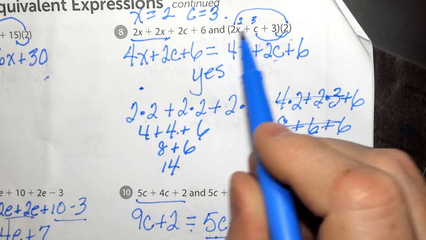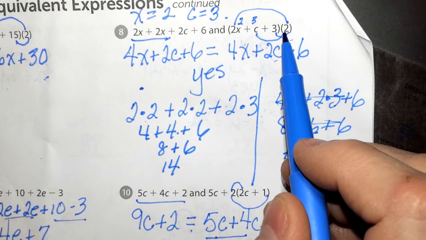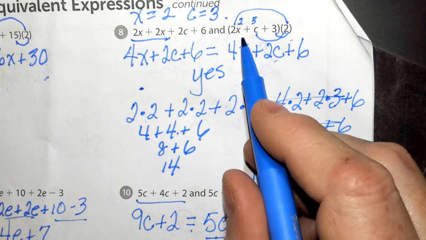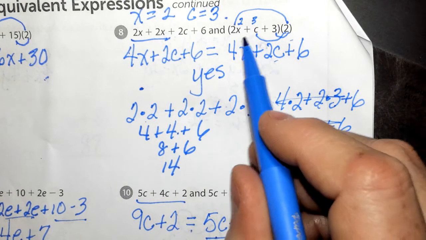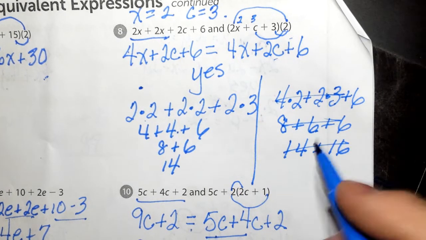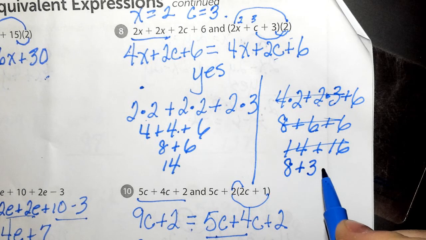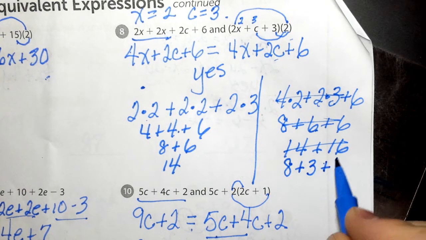So if we do that, then we have 2 times 4 would be 8 plus 3 plus 3. So we have 8 plus 3 plus 6.